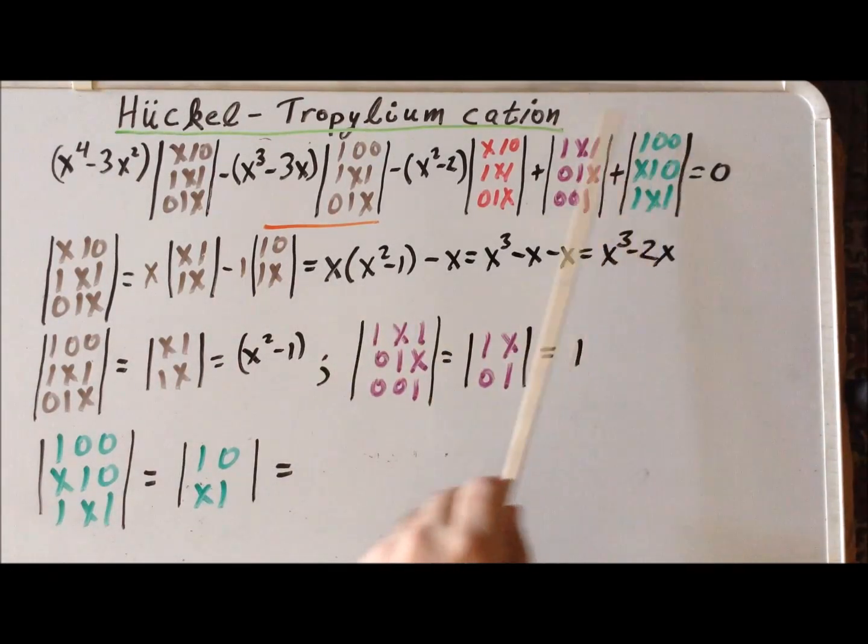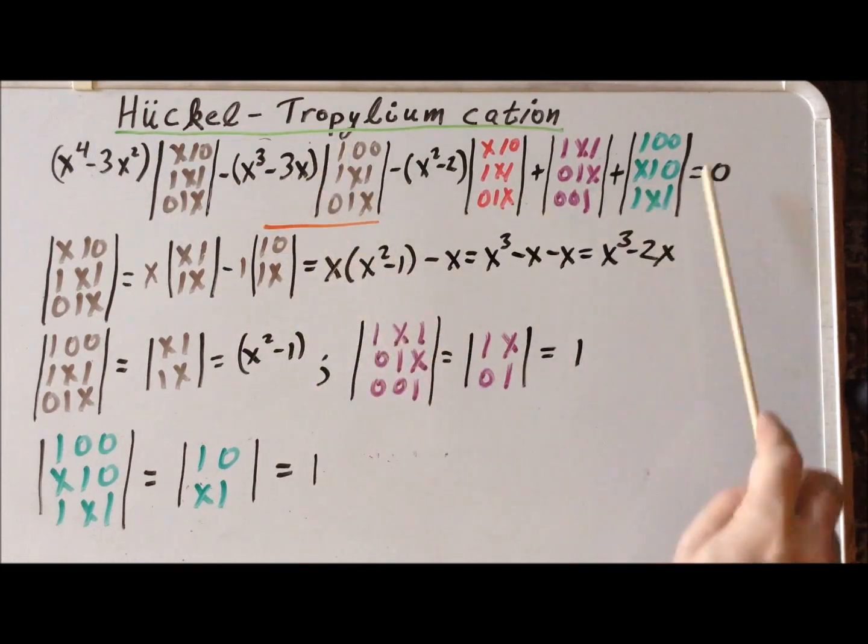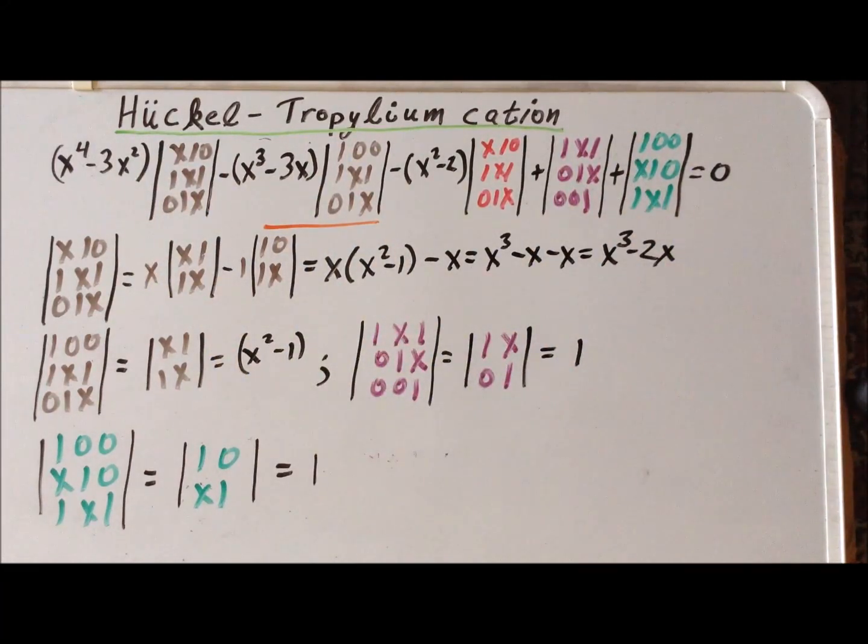For the green 3 by 3 determinant, we expand along the first row. So we only have one non-zero entry, which gives us 1 times 1, 0, x, 1, which is 1 minus 0 times x, which is simply, again, the number 1. So having evaluated all of the determinants now, we are going to substitute these expressions in for the determinants in our master equation and see what we get as a combination of polynomials.